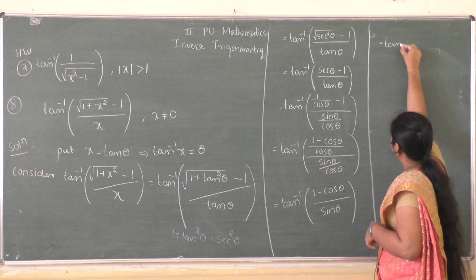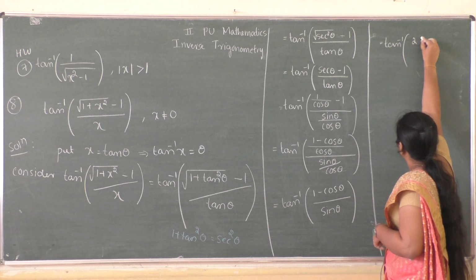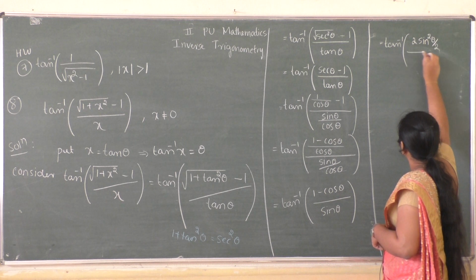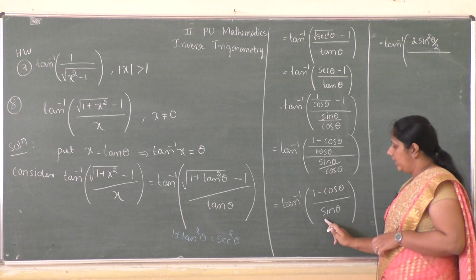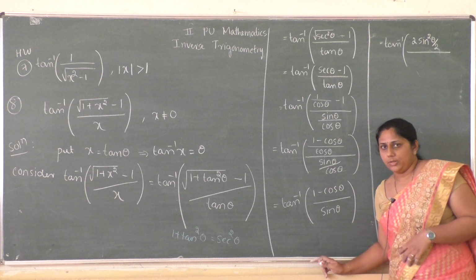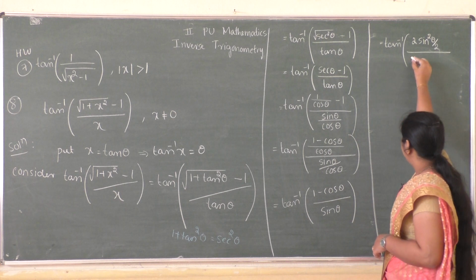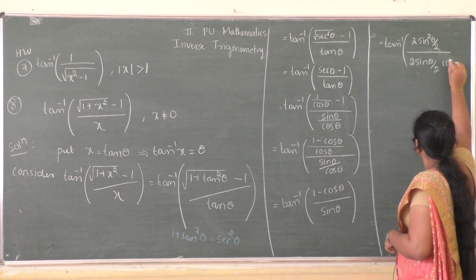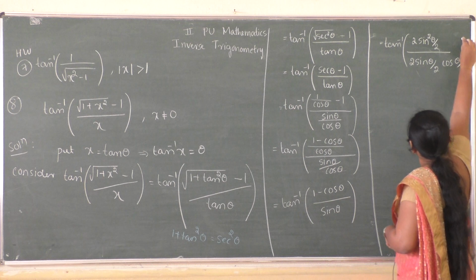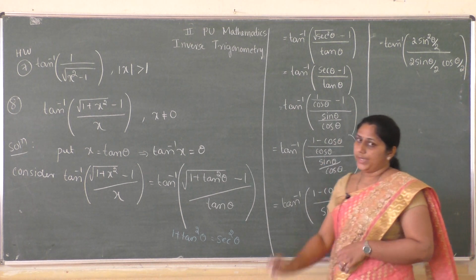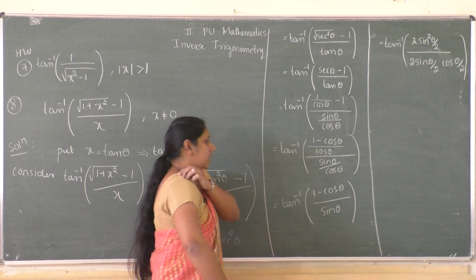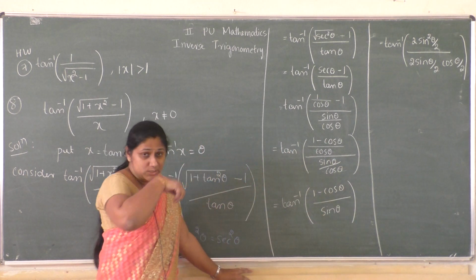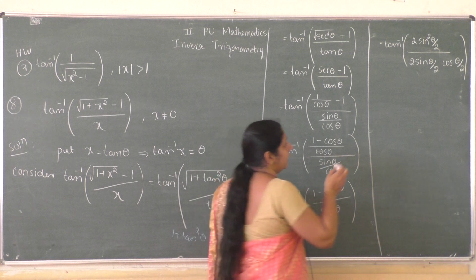So the numerator becomes 2 sin square theta by 2, divided by sin theta in terms of half angles. It is 2 sin theta by 2 cos theta by 2. See, sin 2 theta means 2 sin theta cos theta, right? So sin theta will be equal to 2 sin theta by 2 cos theta by 2.